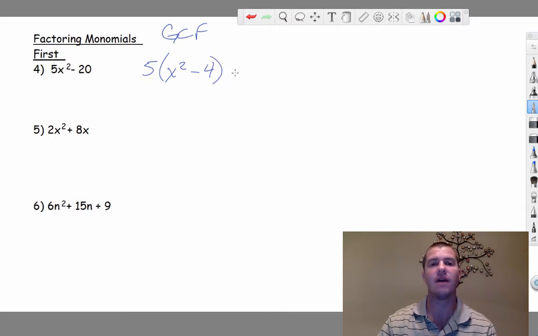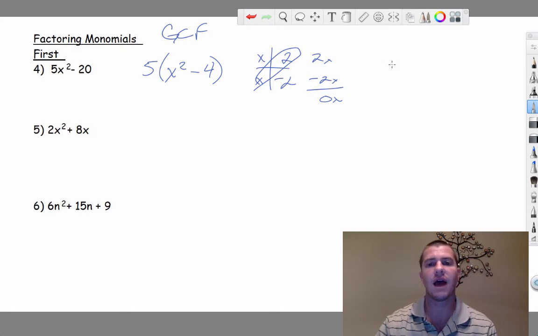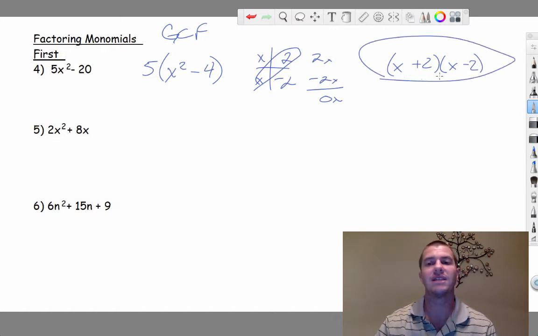And now, if you notice this, x times x, 2 and negative 2, 2x and negative 2x becomes 0. And I have x plus 2 times x minus 2. Be careful here, because this is not your answer, because this is not the same as this. It's not equivalent unless it has this number that you factored out at the beginning. Don't forget that part. Now that's the same.